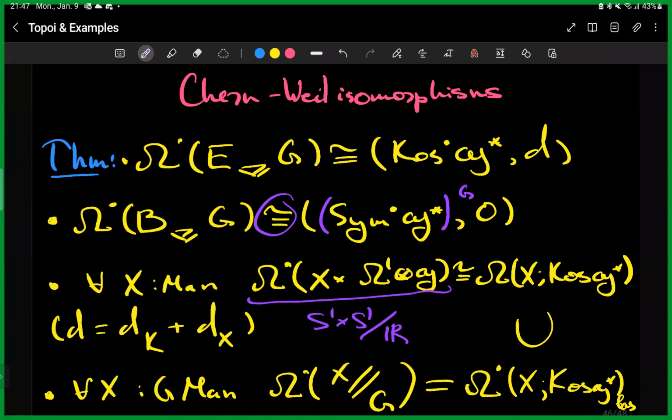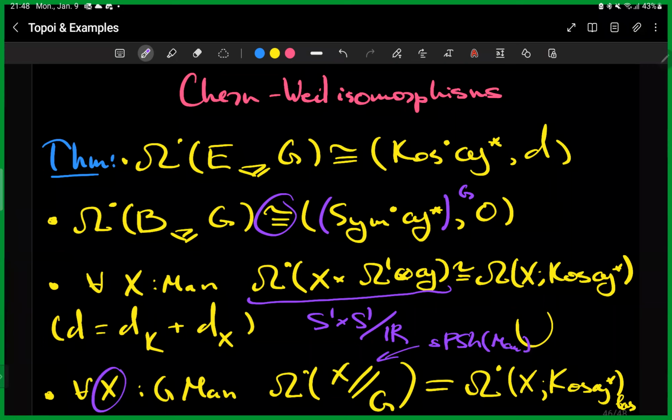We think about this quotient as some category with action. So X is just a manifold, but the quotient is a simplicial presheaf on manifolds.